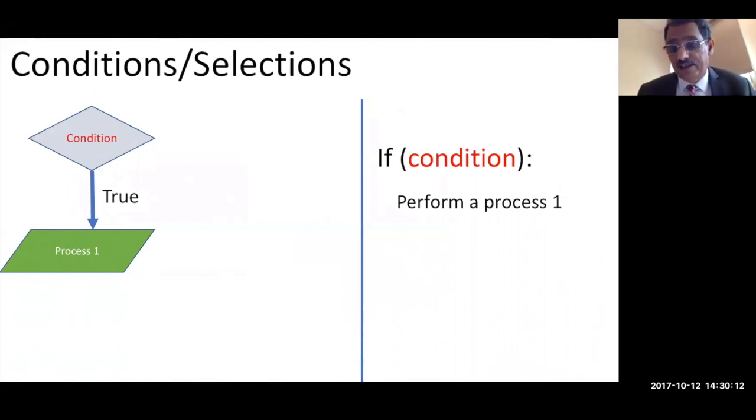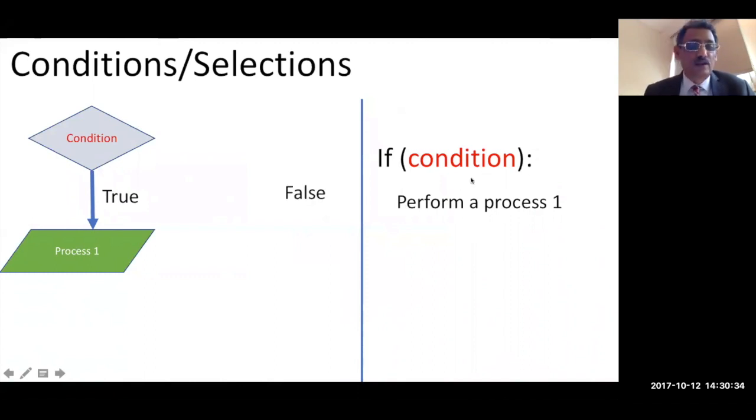You do certain things when that condition is true. And your process should start right below the if, not on the same line. You should indent your process inside, so you can say this belongs to the if statement when it is true.